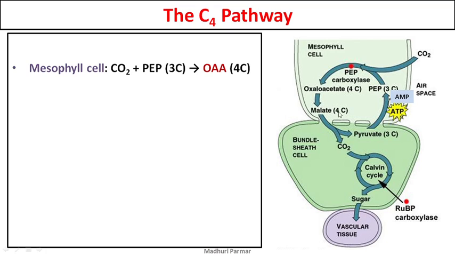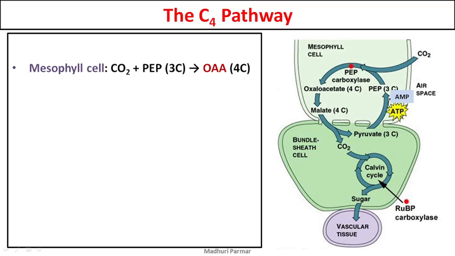Malate again is a 4 carbon compound. We shall study malate and oxaloacetate again in Krebs cycle. In Krebs cycle you are making oxaloacetate from malate, and here from oxaloacetate you are making malate. Clear? So this is the reverse reaction, oxaloacetate to malate.